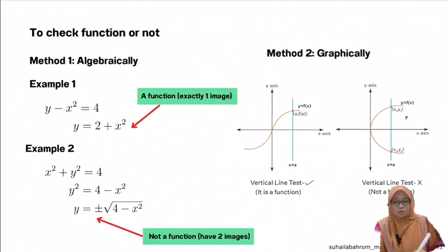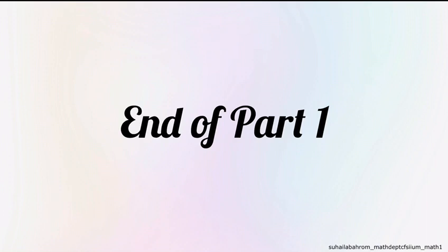In this case, you will have two values of y even though you substitute the same value of x. As a conclusion, this equation is not a function because it has two images. For this one, yes, it is a function because we have exactly one image.